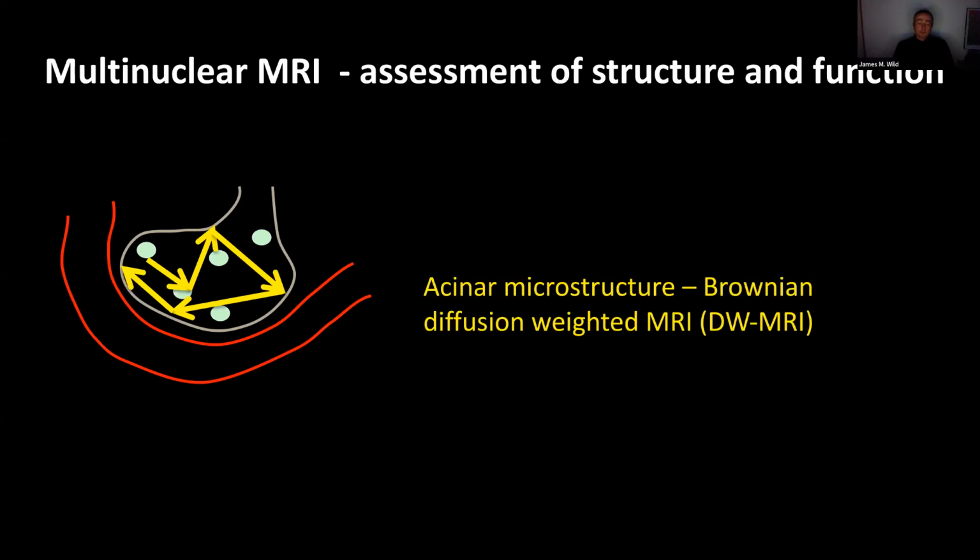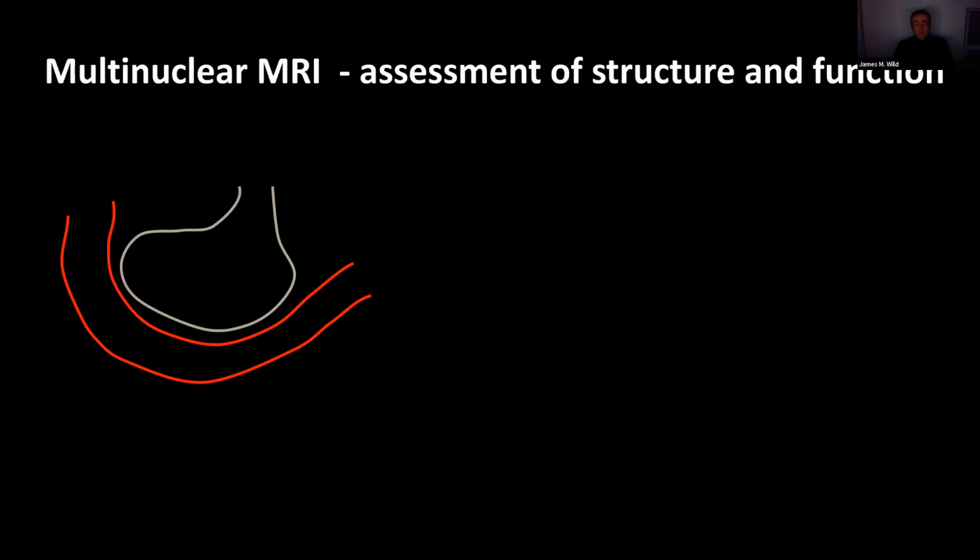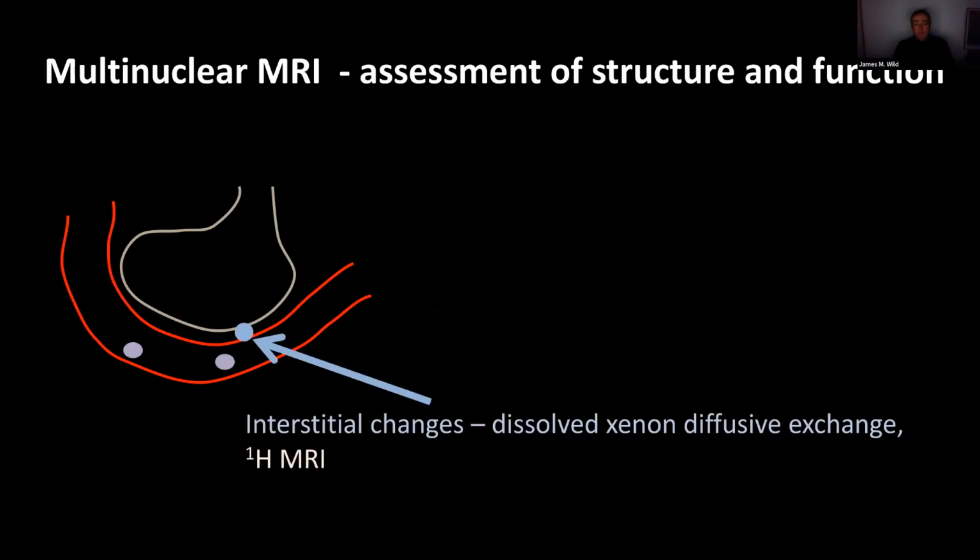So being able to measure microstructural changes in the geometry and the size of the airways will in turn give us some information about gas exchange surface. If we now think about xenon gas, it's soluble. So it goes from the alveolar compartment across the interstitium and dissolves in the interstitium. So we get a unique signal from the interstitium from Xenon MRI.